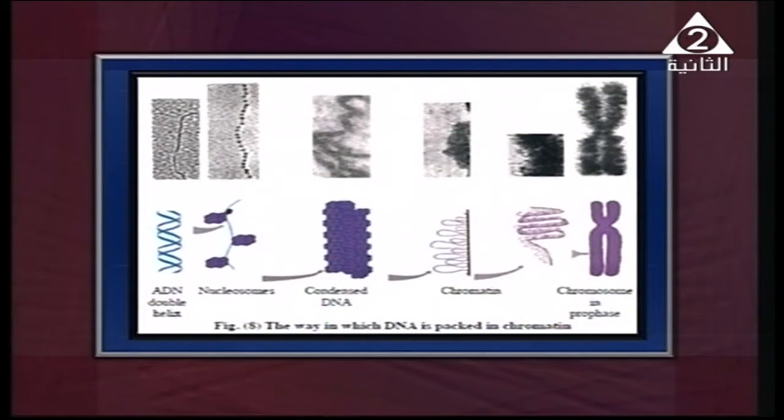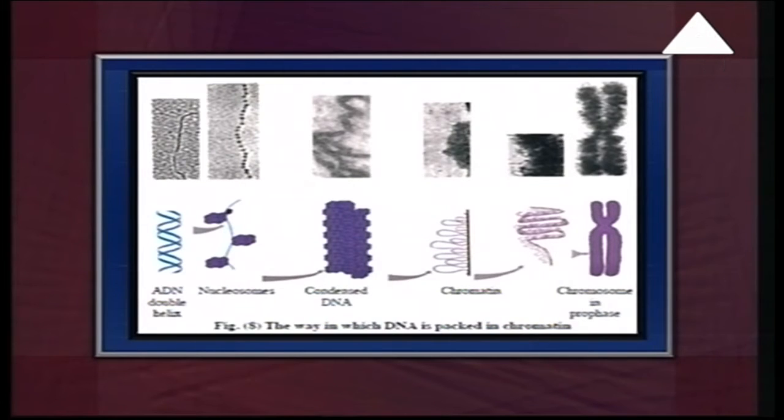We have here a picture to show the condensing of DNA, the formation of nucleosomes and the formation of chromosomes. The upper pictures, I think, were definitely taken by X-rays.